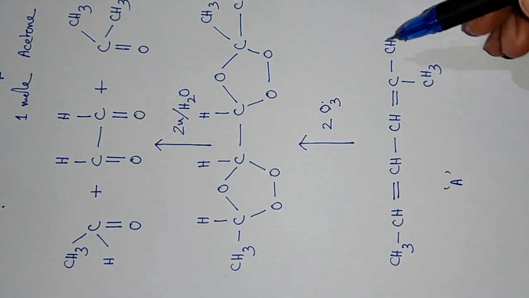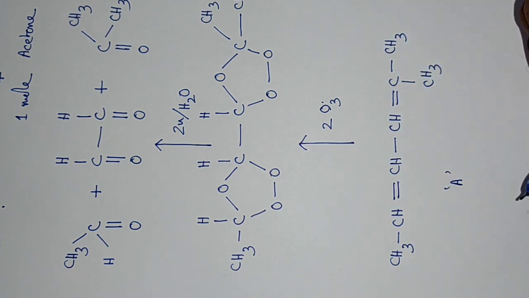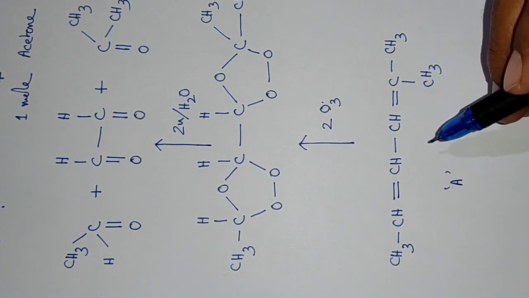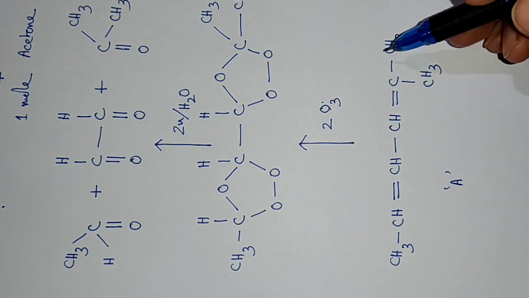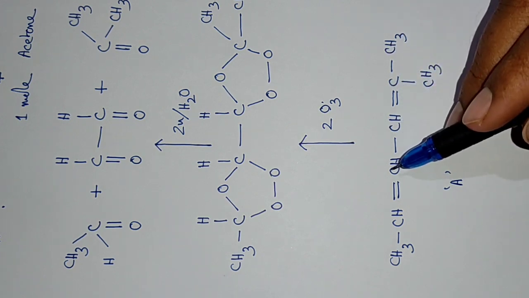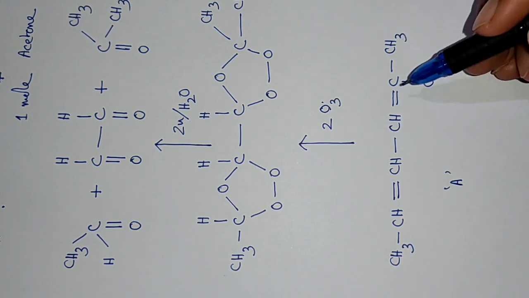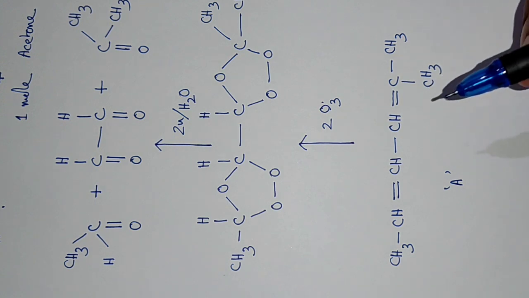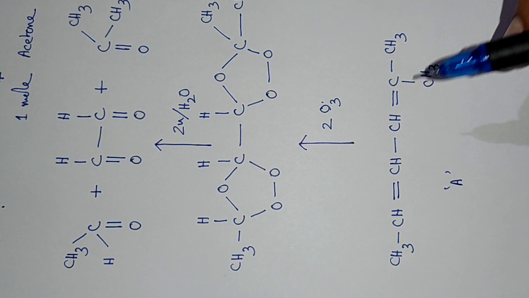So this can be named as, it is 1, 2, 3, 4, 5, 6. Hexane, now there are double bonds, so it will be hexene, 2 double bonds, so hexadiene. Now the positions 1, 2, 3, 4. So hex-2,4-diene, and here it will be 2-methyl. So we can predict the starting compound, whether it is saturated or unsaturated.